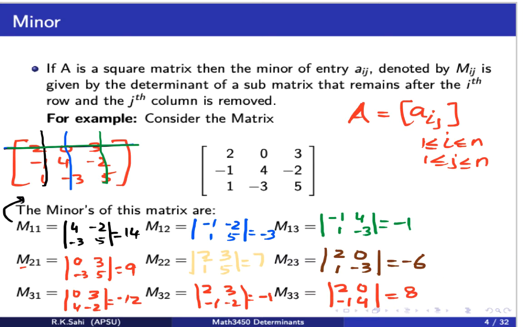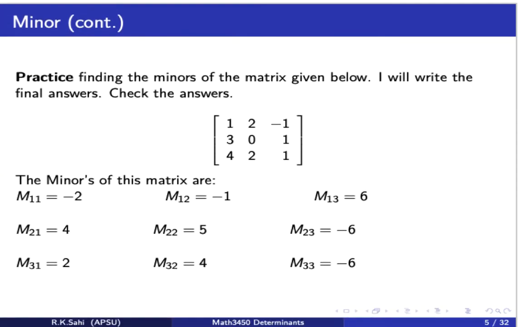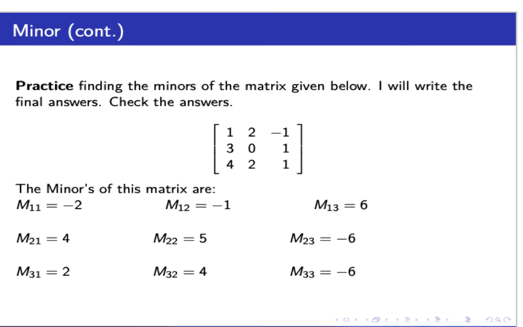Okay, now I would like you to get your own pen and paper and work on this problem, following the guidelines I just did as an example for you. I would like you guys to find the minors of the matrix given below. I've written down the answers for you, but I would like you to practice on your own.